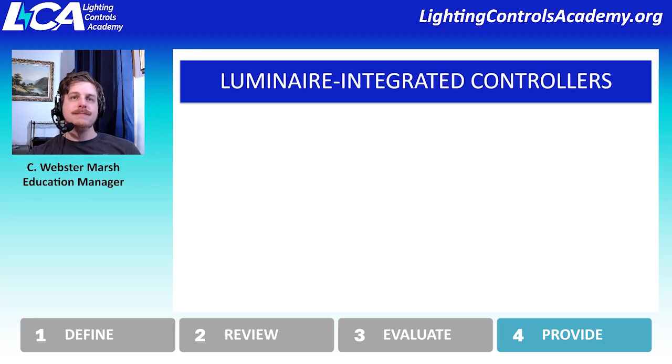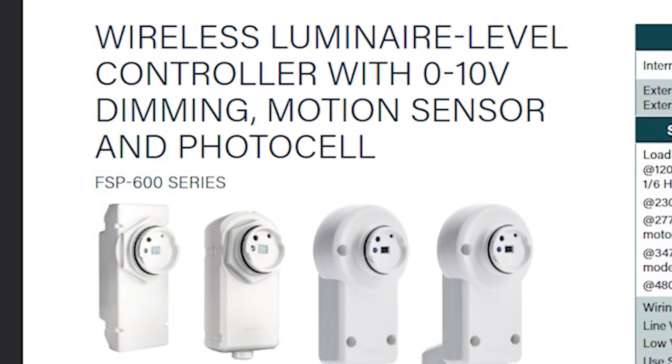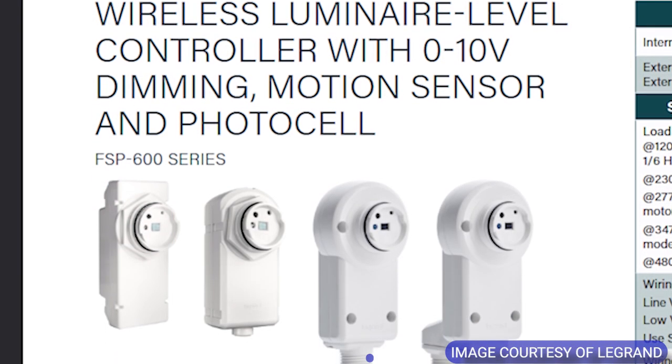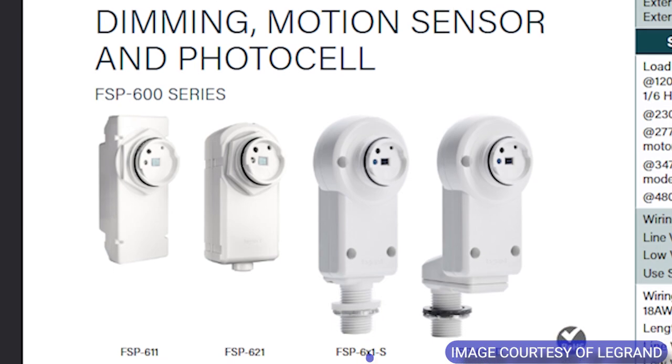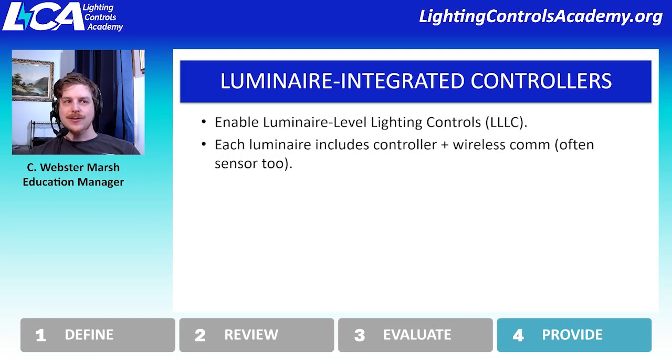in the space. The other thing to keep in mind is that there's a lot of interest in what's referred to as luminaire level lighting controls, or LLLC, or as I refer to it as triple LC. What this is, is where we're adding a node, wireless controller, and a wireless transceiver to each light fixture.